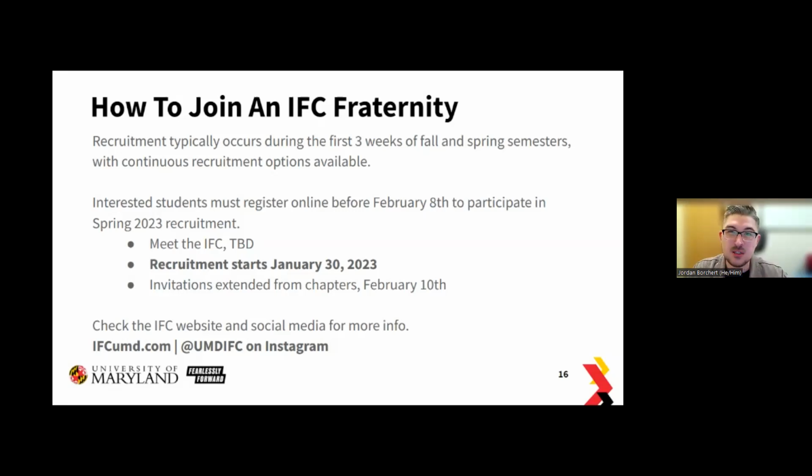Within those 6 weeks too, there are obviously opportunities to study and to manage both the fraternity or sorority experience, as well as their academics and other obligations that they might have.